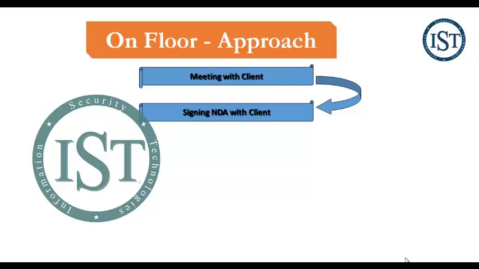This is because the ethical hacker is going to try to access some sensitive information from the client as if he is a real attacker, and even perform some illegal activities against the client. To protect himself, the organization and the client, the NDA agreement will be signed, and NDA stands for non-disclosure agreement.